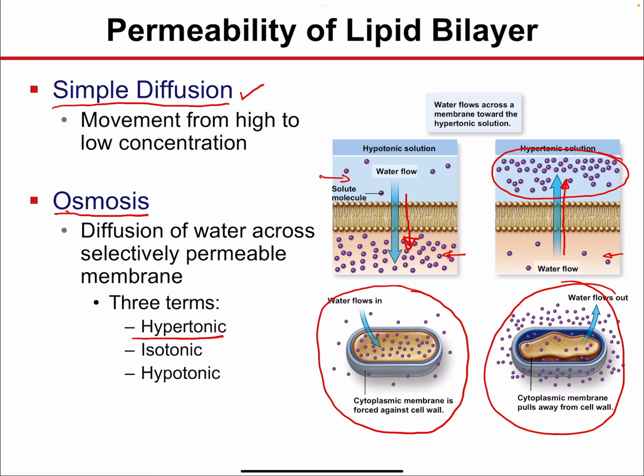This is in a hypotonic environment. Hypotonic. Hypo means less, tonic, less concentrated outside compared to inside. And this is in opposition to hypertonic, where the solutes are more concentrated outside than they are inside.